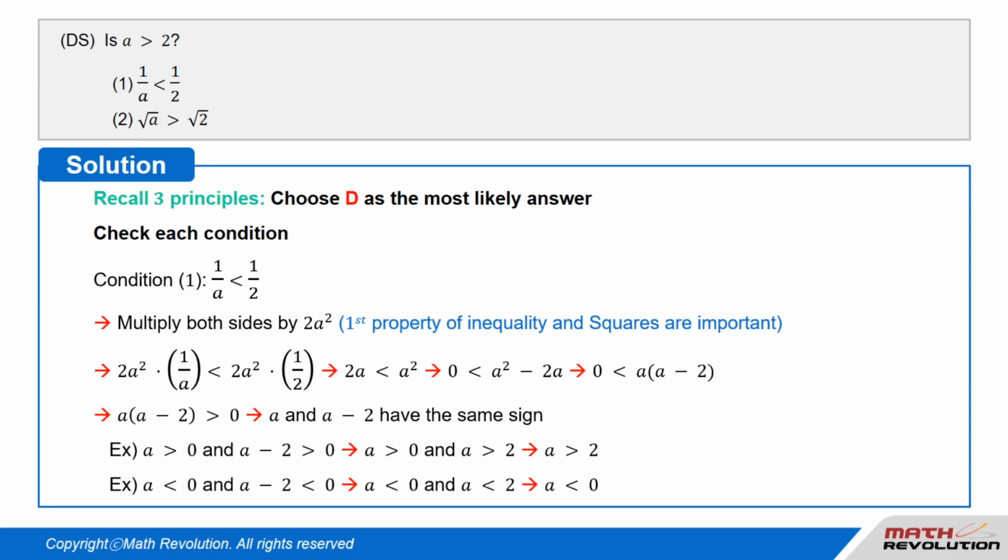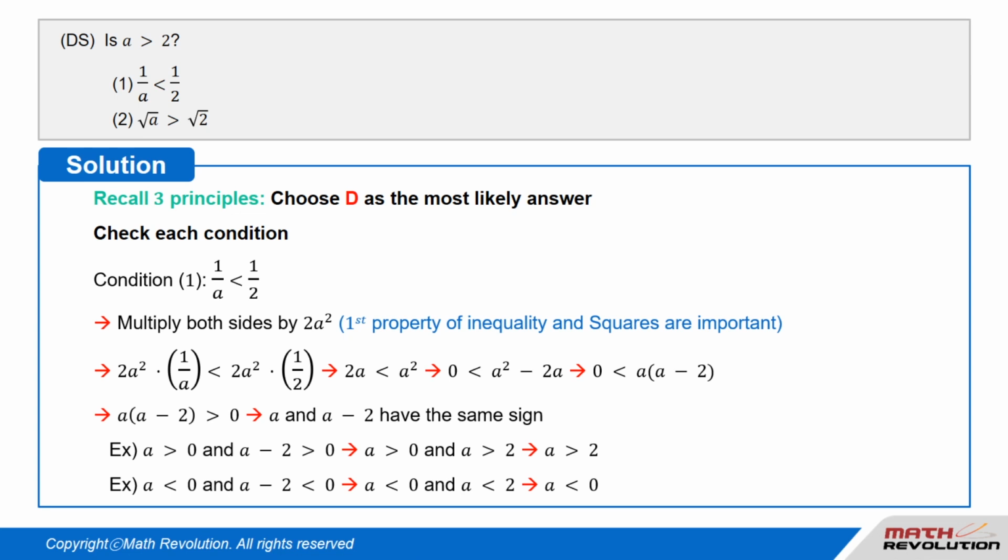Thus, A is greater than 0 and A minus 2 is greater than 0, or A is smaller than 0 and A minus 2 is smaller than 0. That is, A is greater than 0 and A is greater than 2, or A is smaller than 0 and A is smaller than 2.